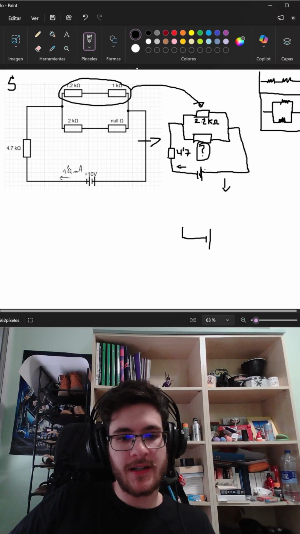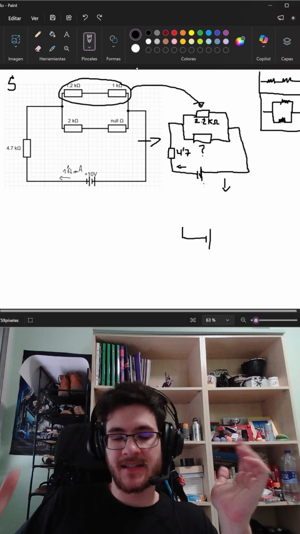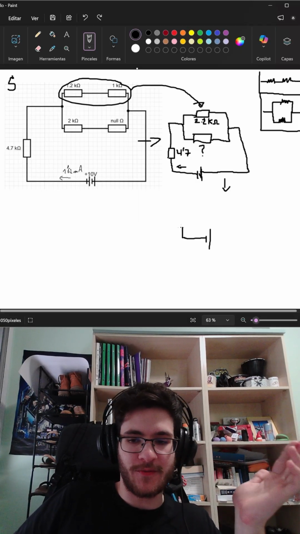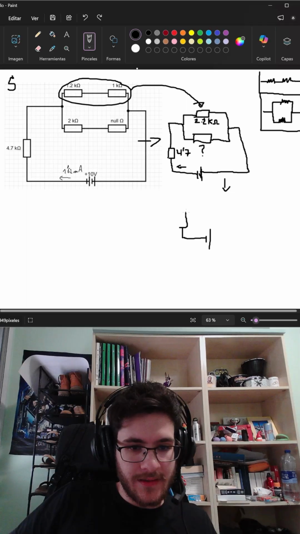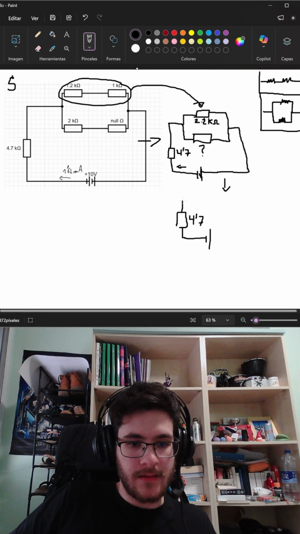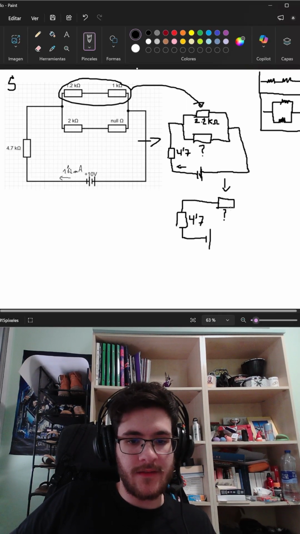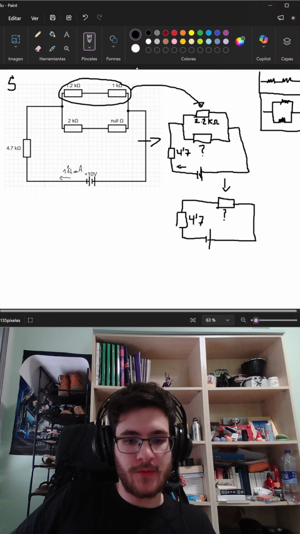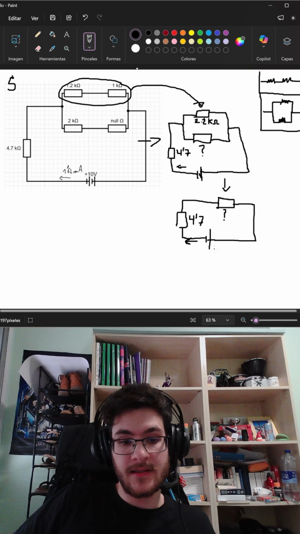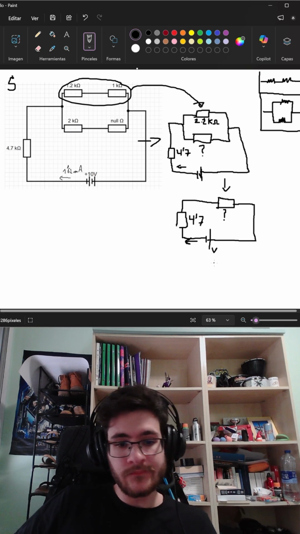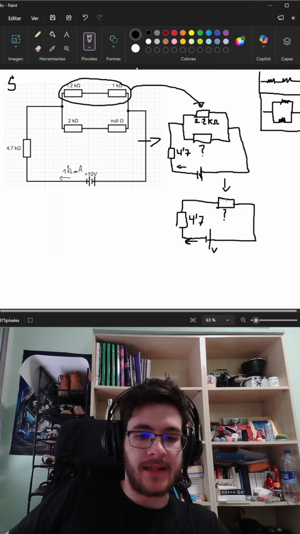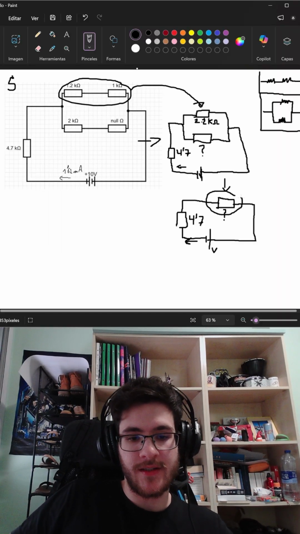But as we don't know this one, we can just put a question mark. Here 4.7, and as you see here, we just have a serial circuit where we know the intensity and the voltage, so easily we can find this resistance.